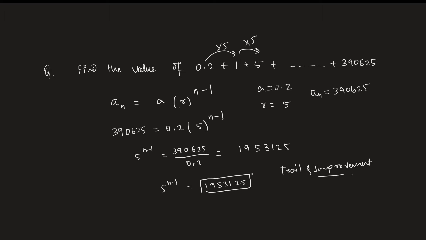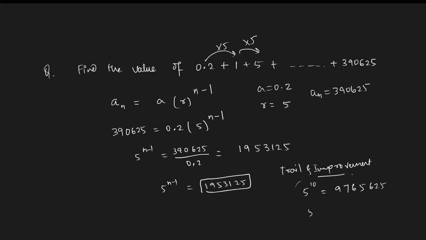If I start with 5 to the power 20, this would be too big a value, so I'll start with 5 to the power 10. Trial and improvement gives me 9765625, which is a bigger value, so I have to change from this.